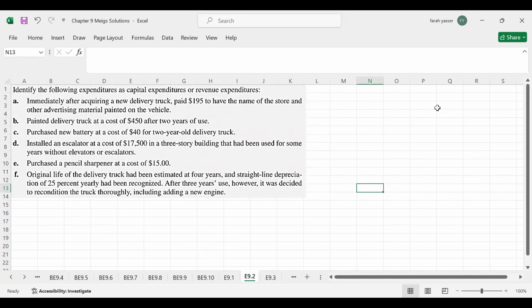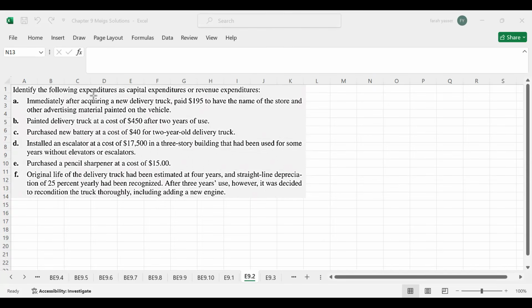So number one, the expense we are going to discuss: immediately after acquiring a new delivery truck, paid $195 to have the name of the store and other advertising material painted on the vehicle. So this is a one-time expenditure.